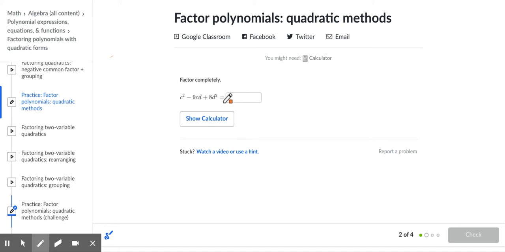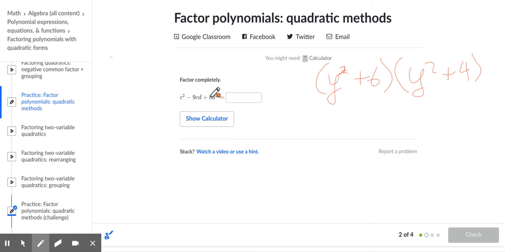Before we had y squared plus 6y plus 4, right? So in this one, instead of having something squared, we're going to have a c here, and we're going to have a d here. So we're going to have c plus some number times d.